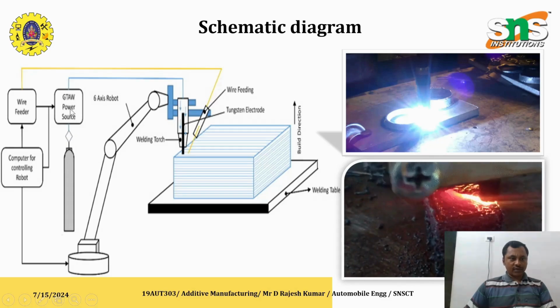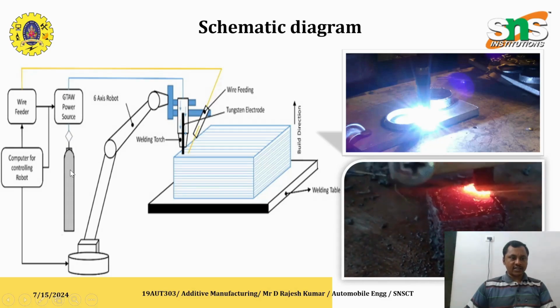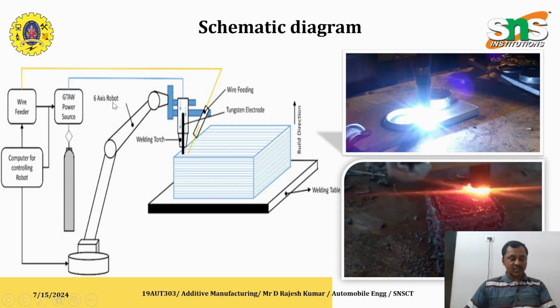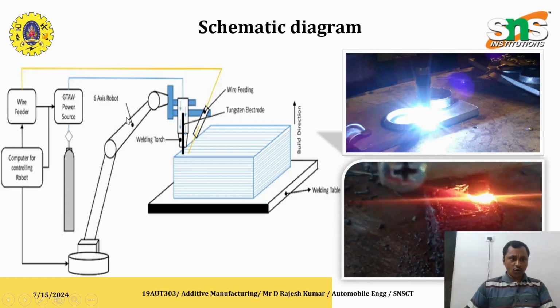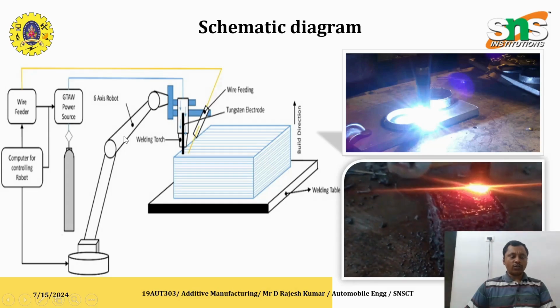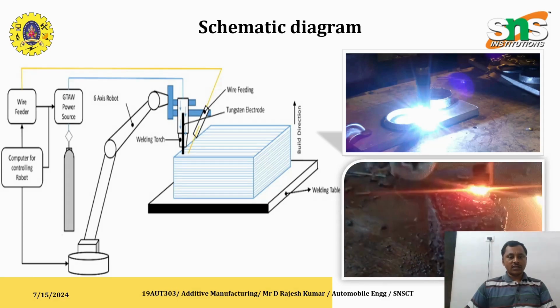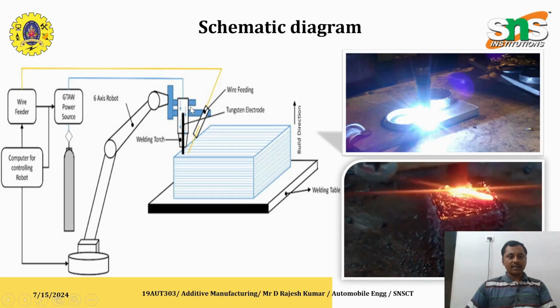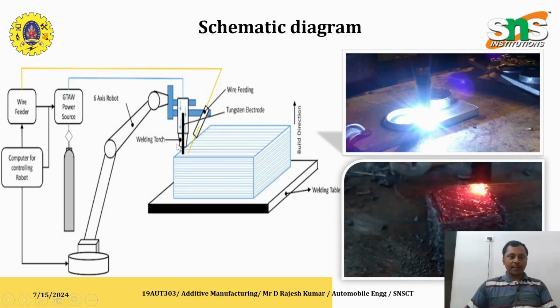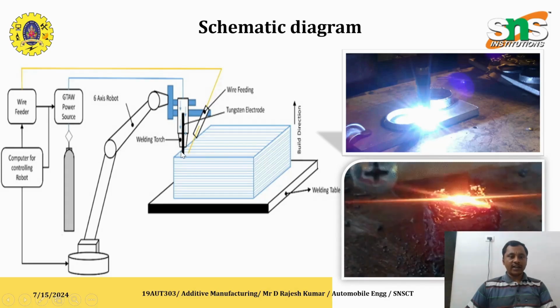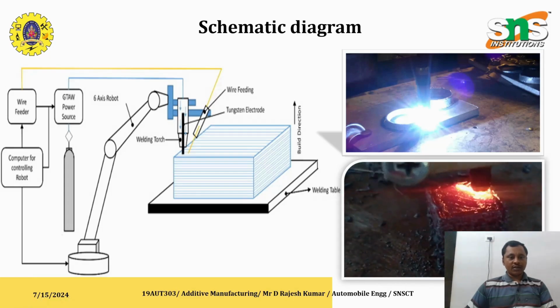The shielding gas is provided in the cylinder, and there is a robot that is a 6-axis robot. So this robot arm moves according to the program generated by the computer control. This robot arm welds or deposits the metals layer by layer according to the given instruction by the computer.